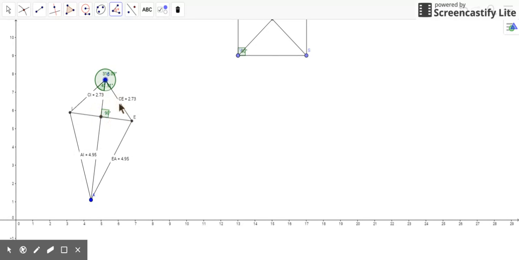Okay, there you go. They're both 4.91. Those are the same.